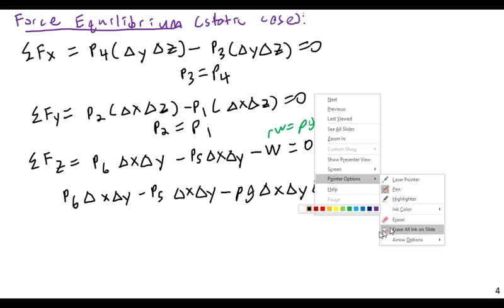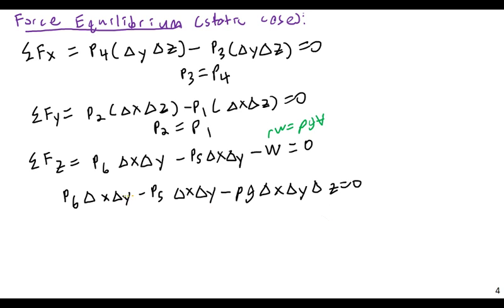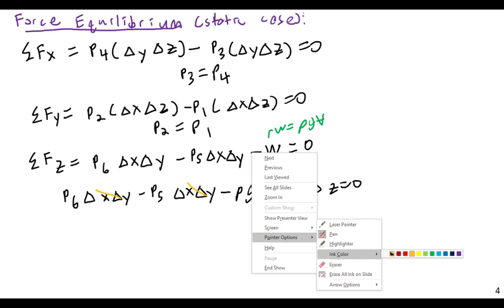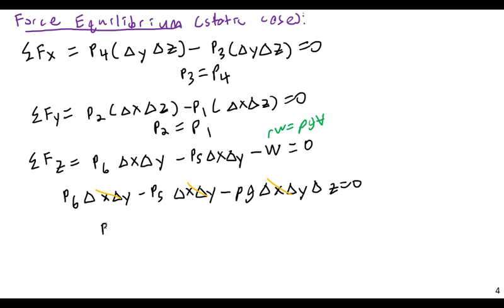And so then I can cancel a few things out, namely the delta x delta y, and I will then get that P6 minus P5 equals rho g delta z.